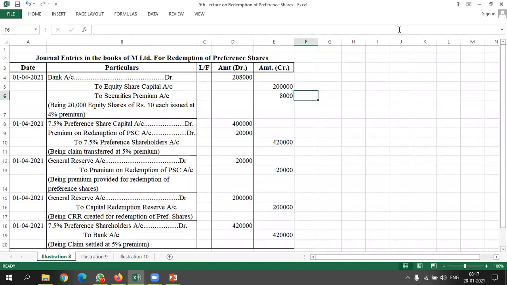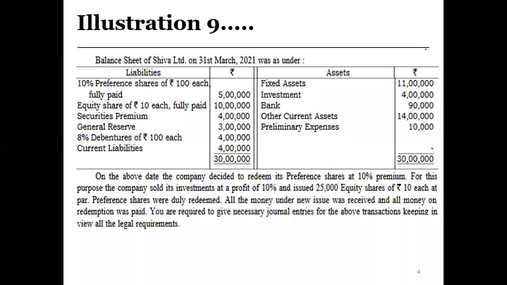If you have any problem, then please let me know. Now moving to the next problem. Problem number 9. Balance sheet of Shiva Limited on 31st March 2021 was as under.